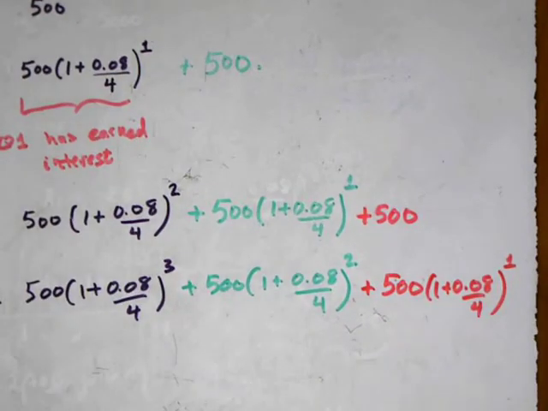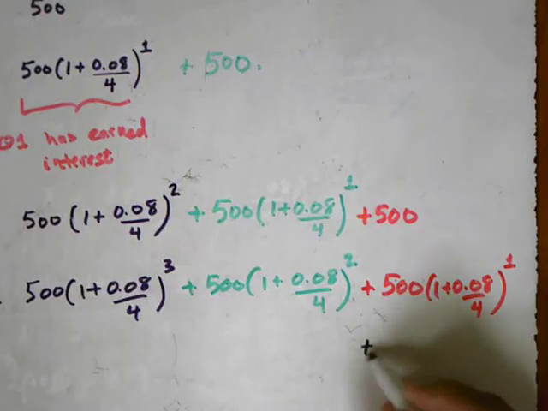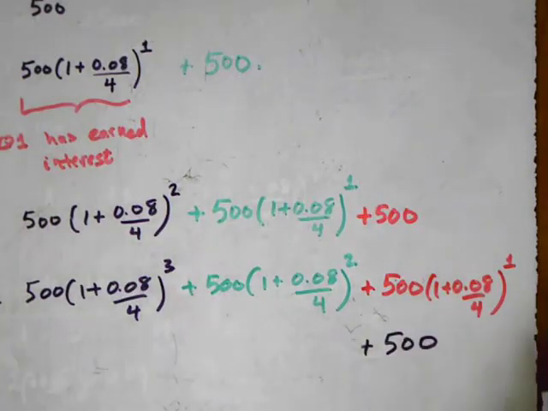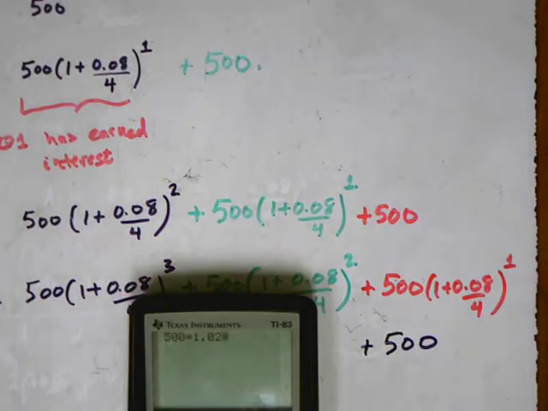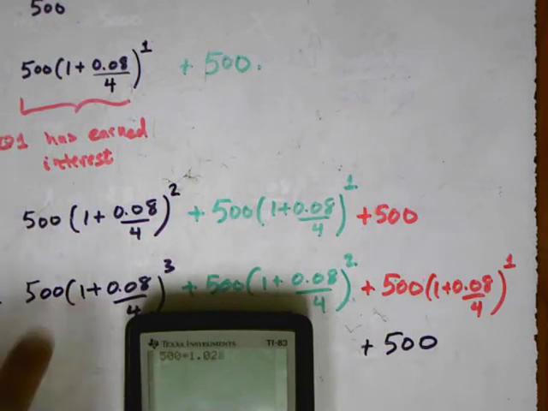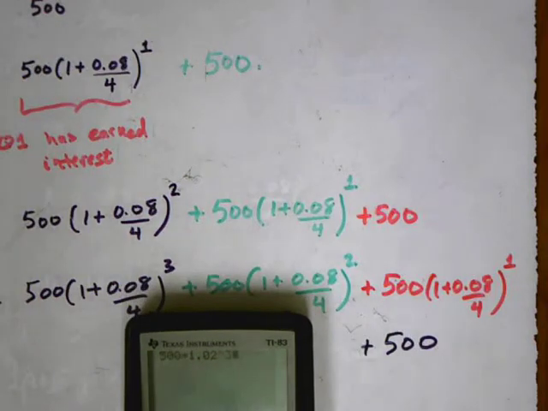Then finally, he puts another $500 in at the end. So if you add all of this up, you will see how much money he has made in the first year. It's 500 times 1.02 to the third plus 500 times 1.02 squared plus 500 times 1.02 to the first plus 500.